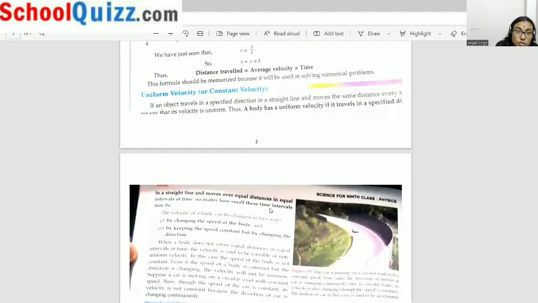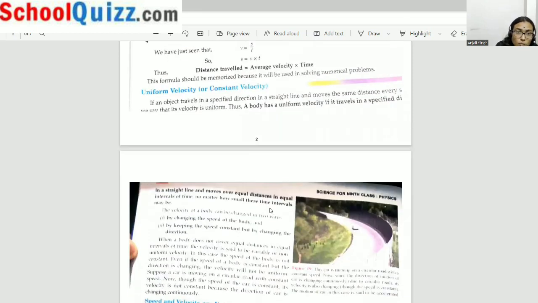Now, uniform velocity. What is uniform velocity, or you can say constant velocity? A body has a uniform velocity when it acquires equal distance in an equal interval of time.